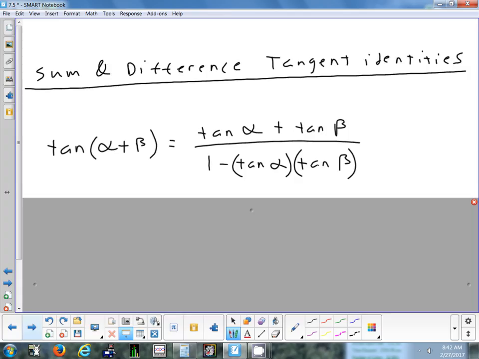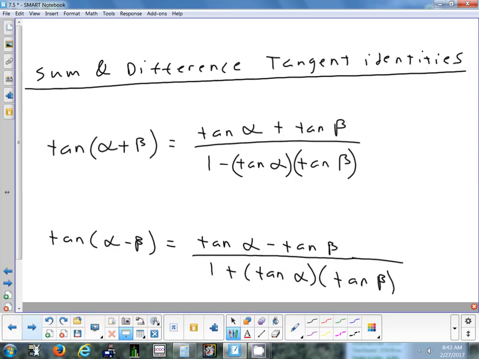Not going to go through the proof of these. We don't use the tangent ones as much. So mainly I'm giving them to you because I gave you everything else. So just to finish off the list, you'll have the last two. And if you look, these are similar.